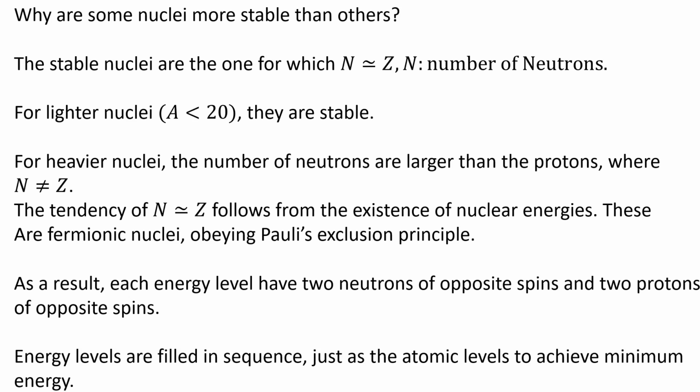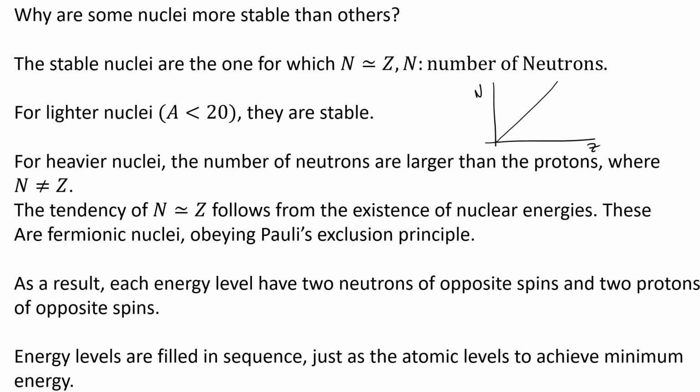So, if you plot N versus Z, the ones that are stable would fall along this N equal to Z line, and for A less than 20, most of these actually follow this N equal to Z, and hence they are stable.